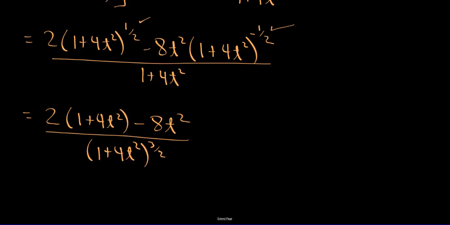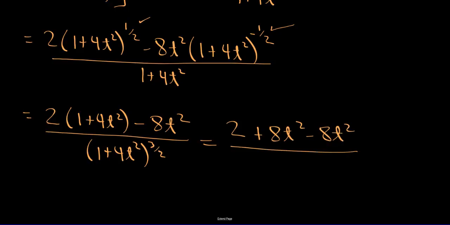Everybody good with that? A lot of algebra. Here we go. Stay with me. Now, I'm going to distribute through the top, and it looks like I've got 2 plus 8t squared minus 8t squared. Hot dog. Look at that. The t squared terms are going to cancel, which is nice.